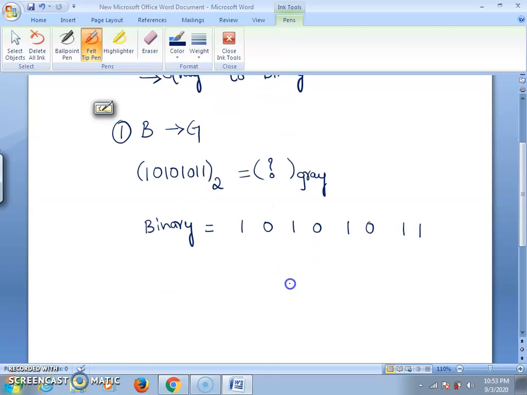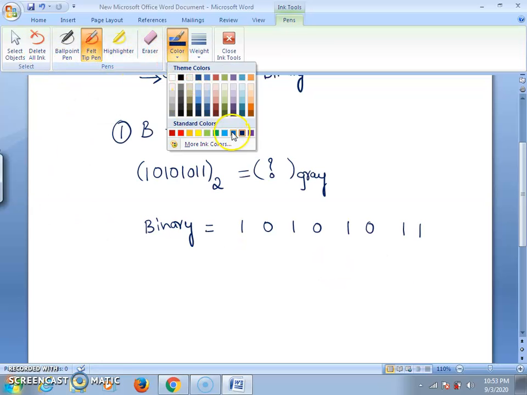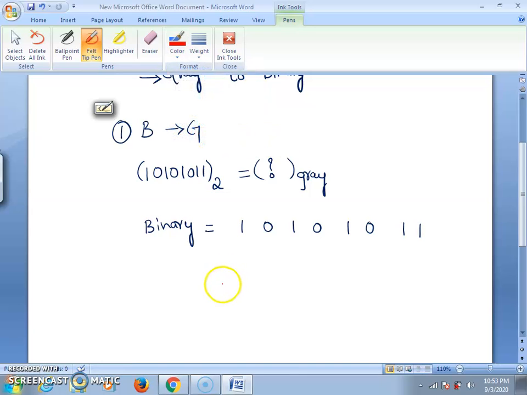After taking the binary number, the first step is the identification of MSB and LSB. The right hand side first bit is called LSB and the left hand side first bit is called MSB, that means most significant bit and least significant bit.